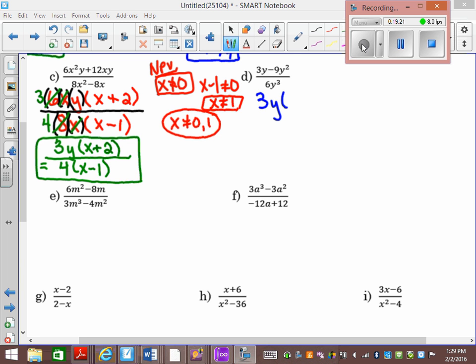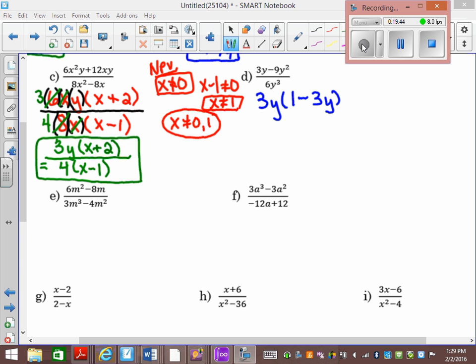So 3y divided by 3y is 1, not 0. And you have to have that 1 there. It's a placeholder. Then negative 9y squared divided by 3y is negative 3y. So if you just had negative 3y there and didn't have the 1, put a little note to yourself and say, make sure that when you divide by itself, you're left with a 1.